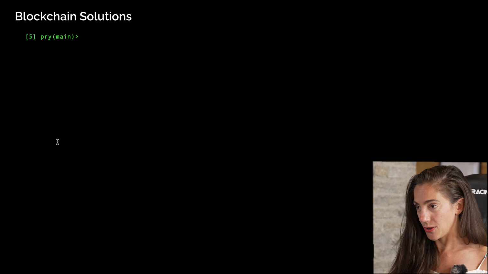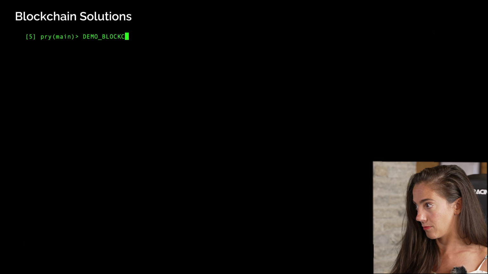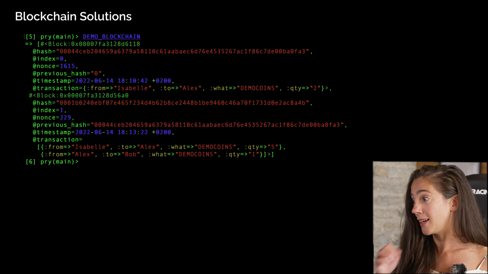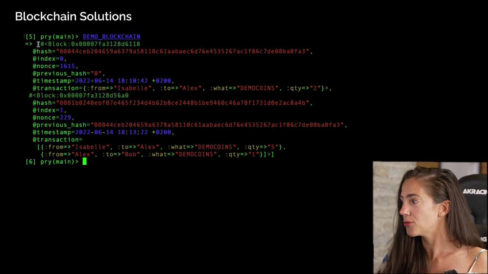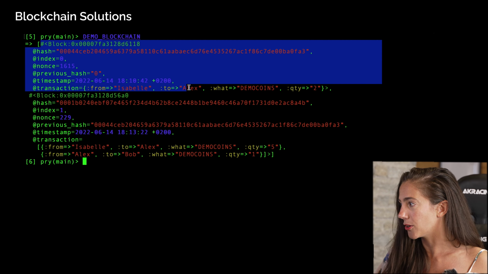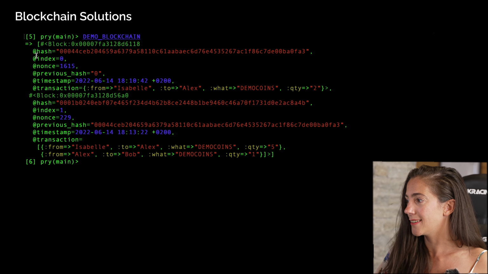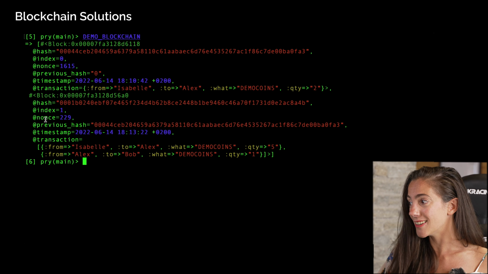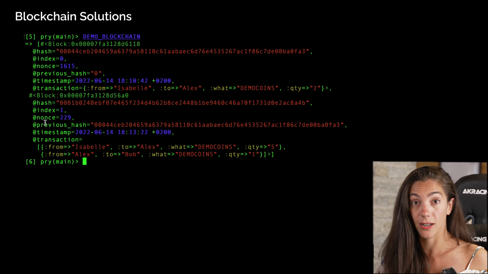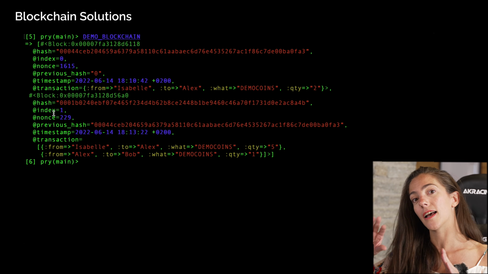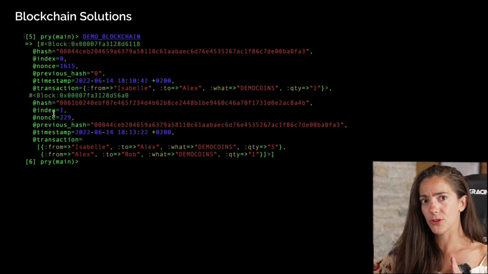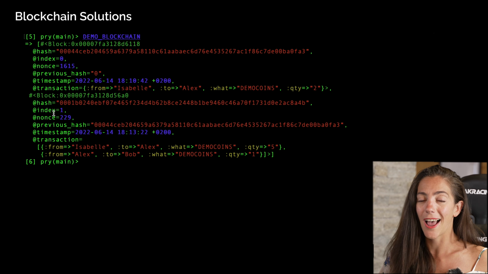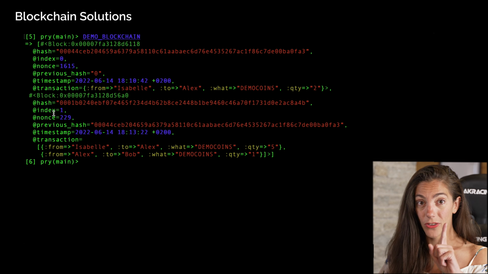Let me erase all this and let me show you how the blockchain looks like. Okay, so now in the blockchain you see we have 2 blocks. The first block here, index 0, and the second block here, index 1. And the way a blockchain works, actually, you have all this data one after each other, block after block, and those blocks are linked thanks to one thing.